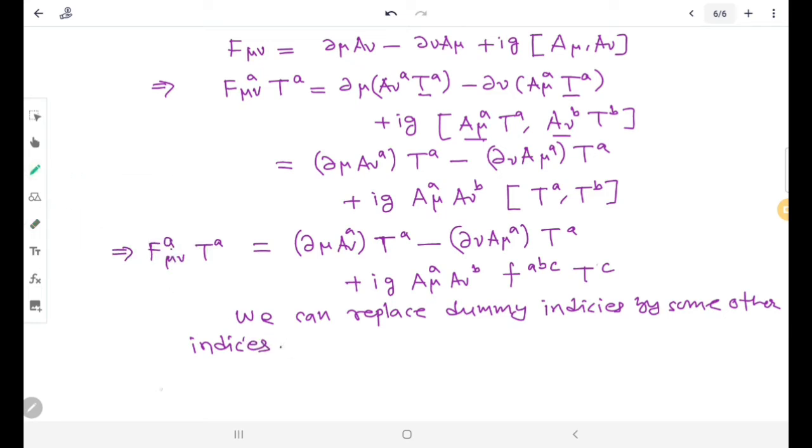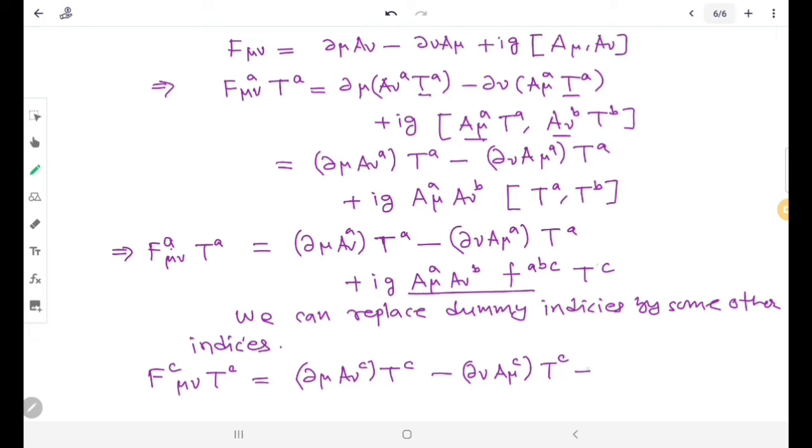Let us show what it means. In place of A we are going to write C: F C mu nu Tc, or we can write partial mu A nu C Tc, and here also partial nu A mu C Tc. And this time this quantity is the cross product.